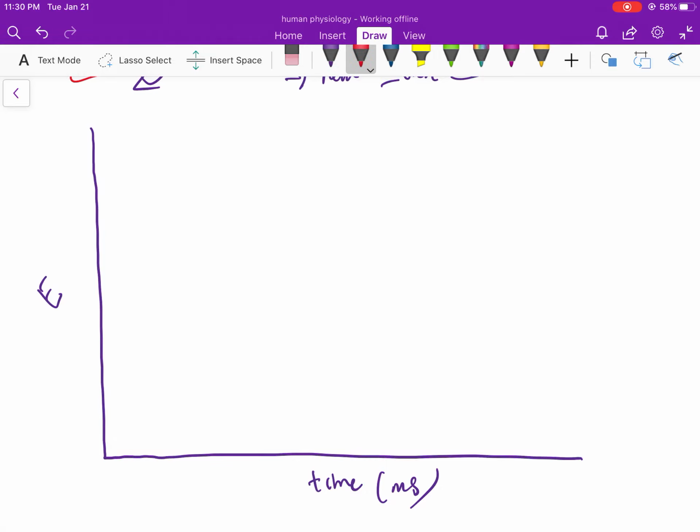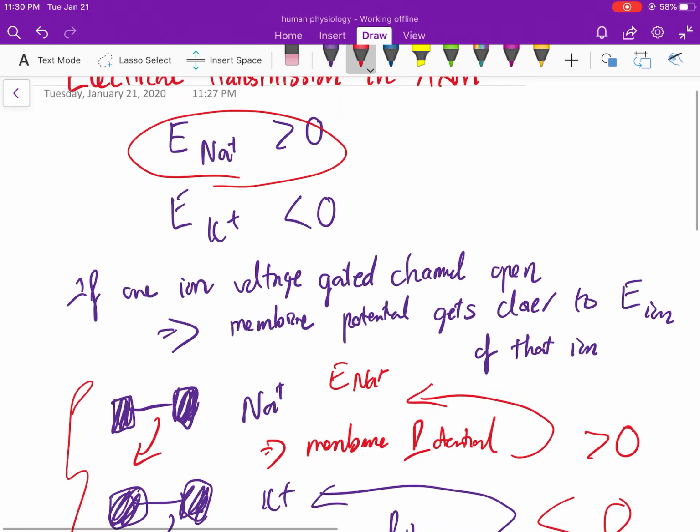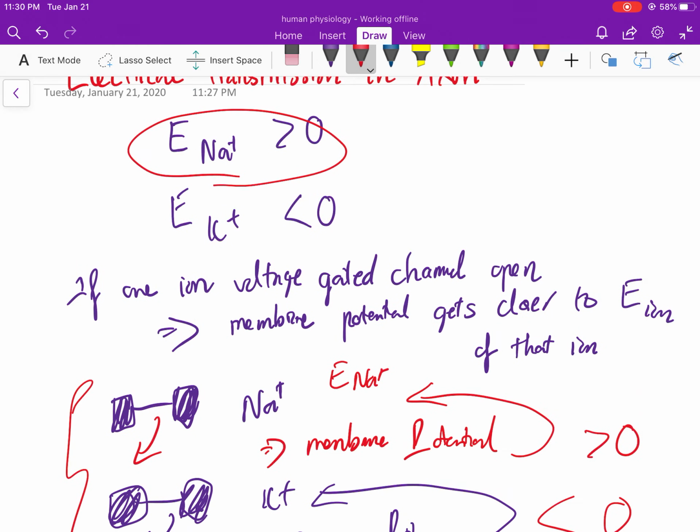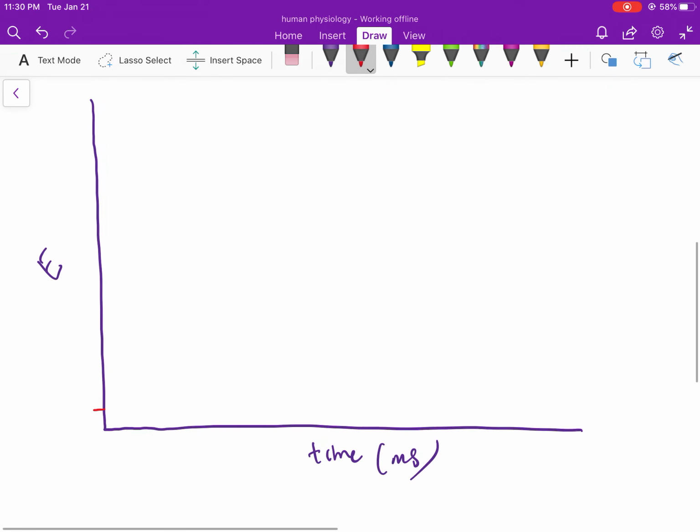There are some potentials that we want to remember. First, our potential voltage of potassium is a negative number, around negative 90 millivolts. Our resting membrane is negative 70 millivolts. This is our resting membrane potential.